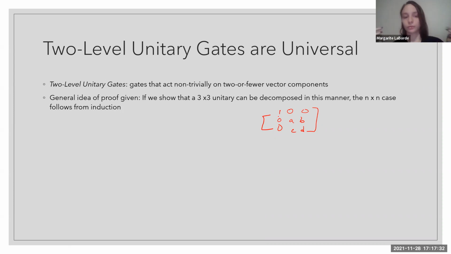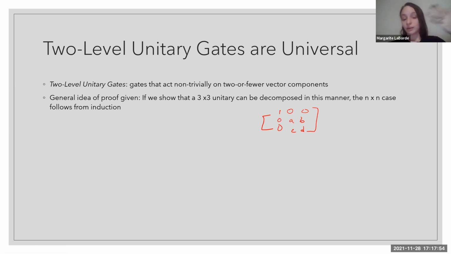You can consider two rows that are treated non-trivially. And so in Nielsen and Chuang, they state that you can take any arbitrary unitary of d dimensions and you can decompose it into a product of these 2-level unitary gates.